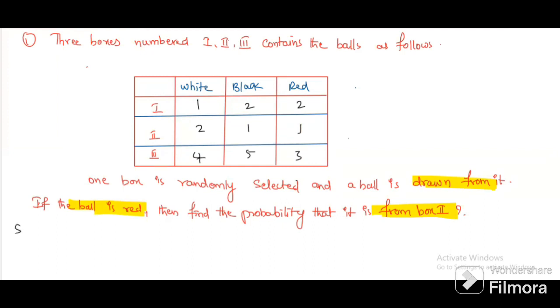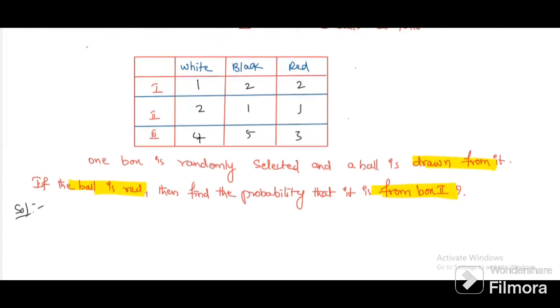So let's see what is given here. Three boxes are there. First, let's select one box from the 3 boxes. The probability of selecting box 1 is 1 by 3, because out of 3 boxes, 1 box can be selected in 1 by 3 ways. Box 2 also we can select in 1 by 3 ways, and box 3 also 1 by 3.